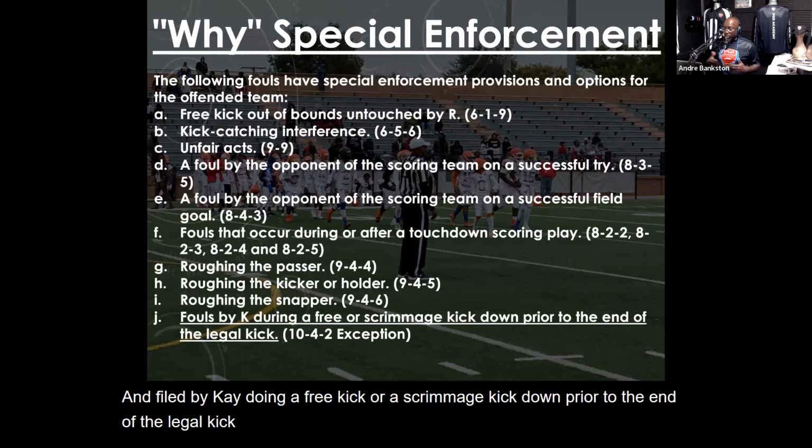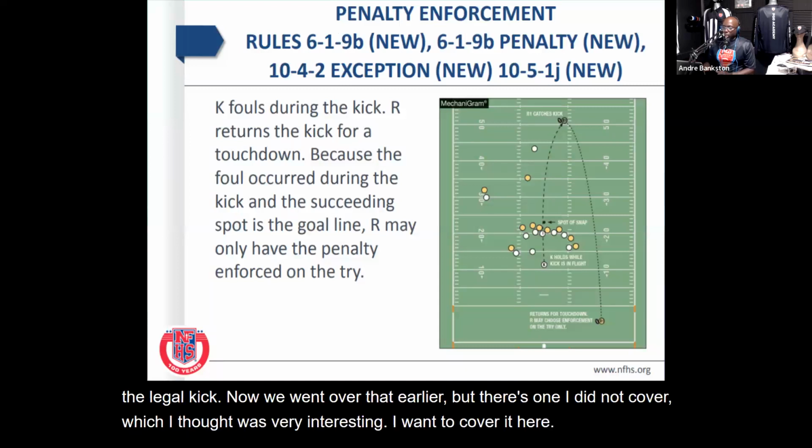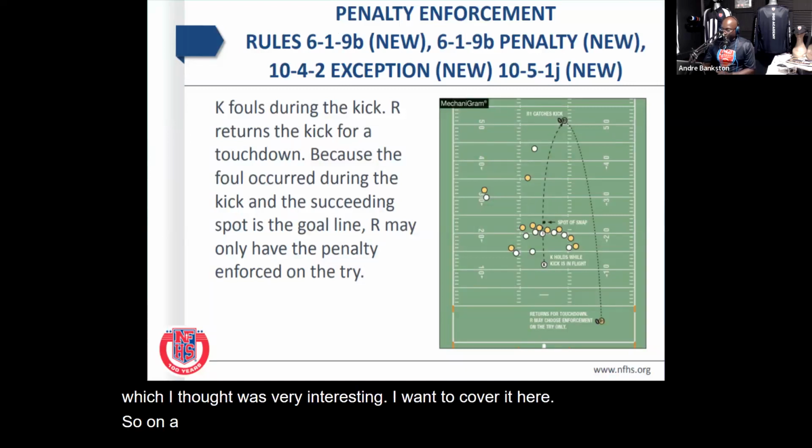We went over that earlier, but there's one I did not cover, which I thought was very interesting, and I want to cover it here. On a kick, K holds while the ball is in flight.